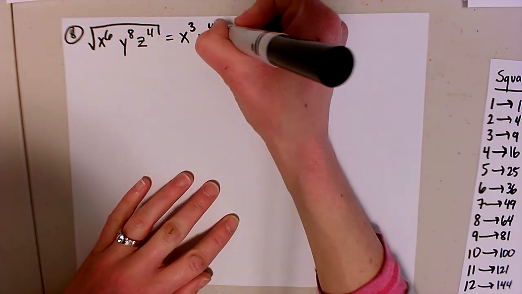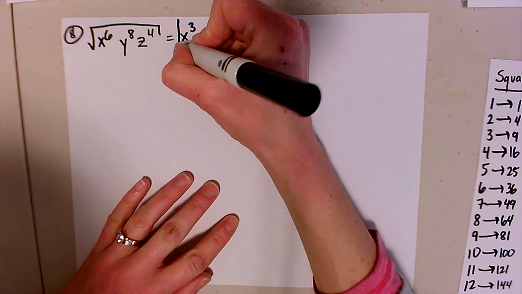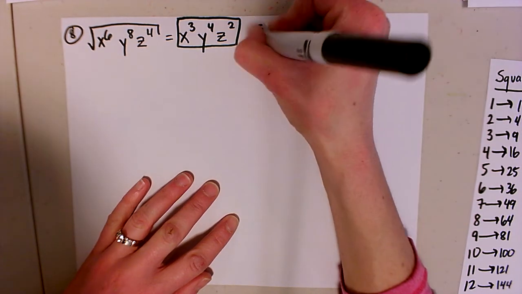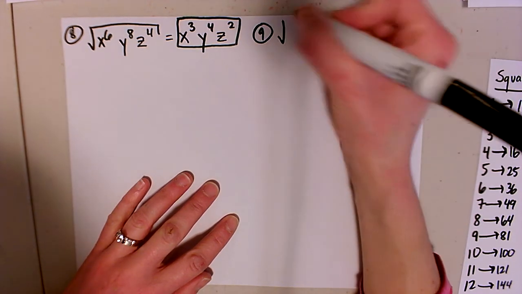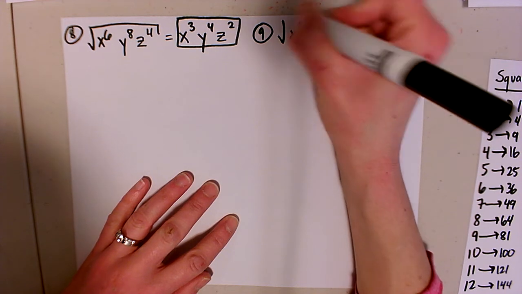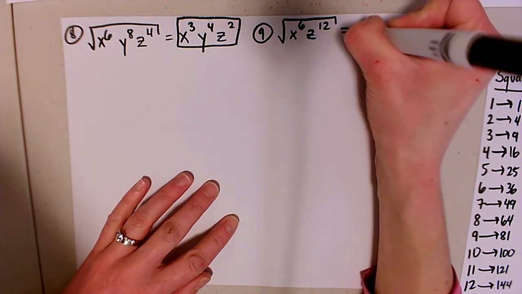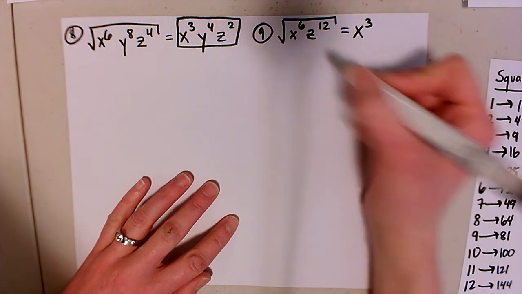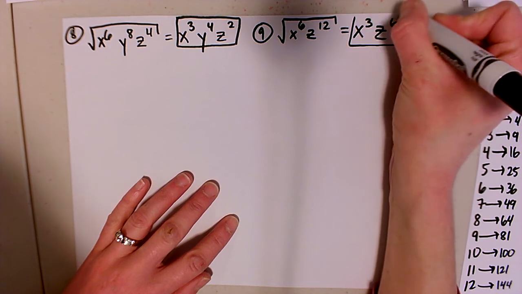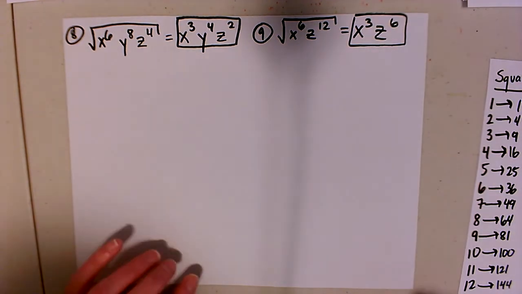And then 4 divided by 2 is 2, and so I'll have z squared. And then for number 9, that's the same deal. I've got the square root of x to the 6th, z to the 12th. So 6 divided by 2 is 3, so I'll have x cubed, and then 12 divided by 2 is 6, and so I'll have z to the 6th.